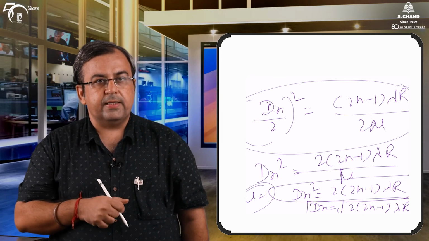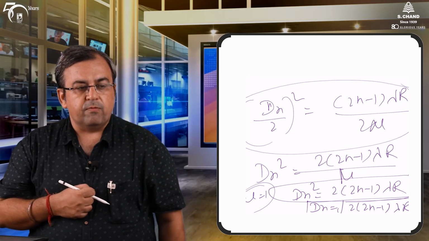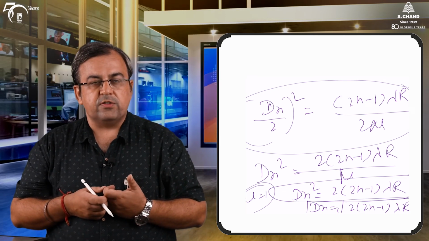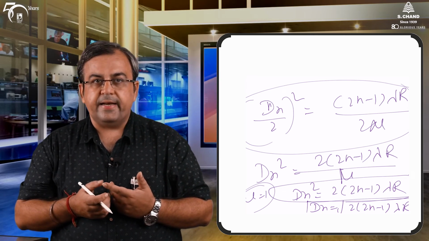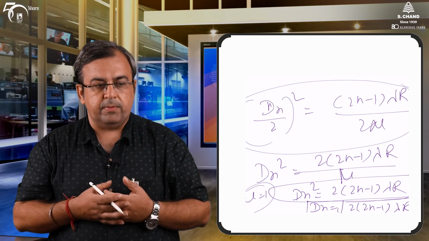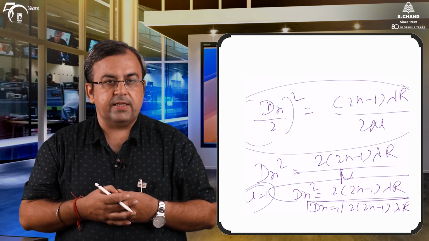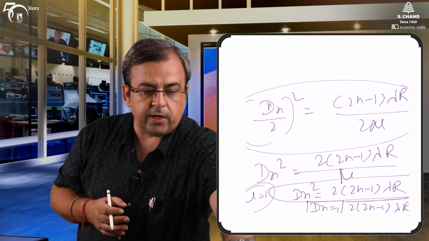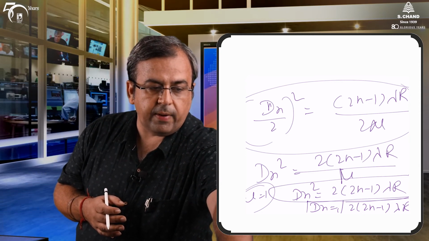Lambda, R is the radius of curvature, obviously, and n is an integer, no problem. So lambda is the wavelength, so Dn is dependent on lambda R and 2n minus 1.